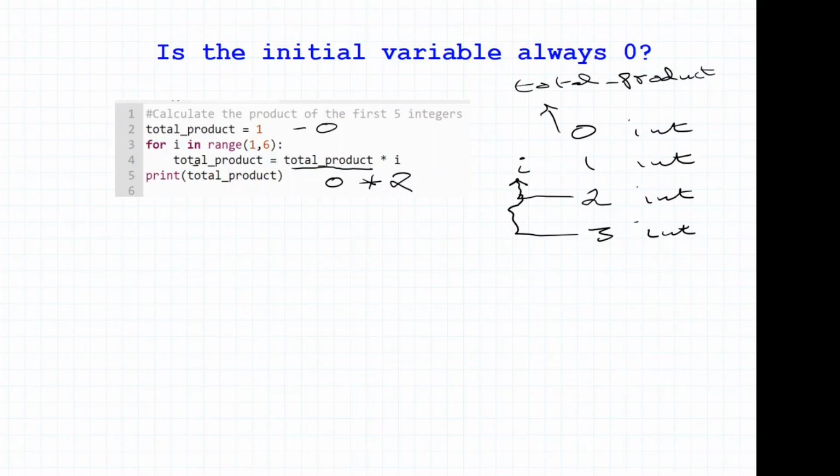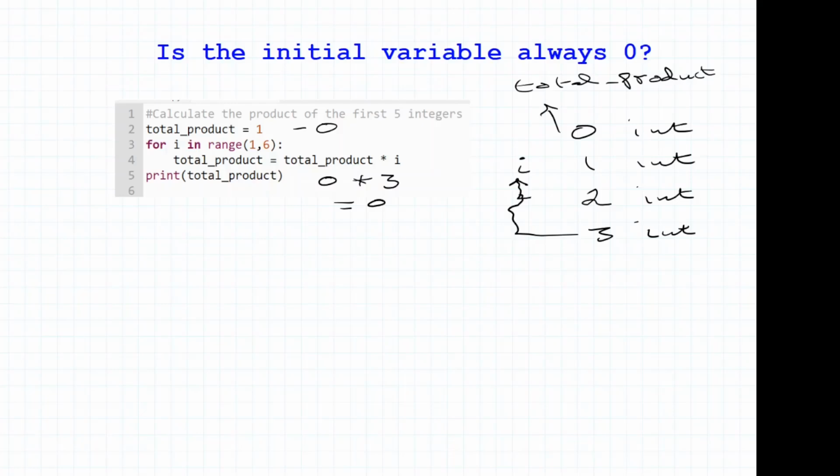And hopefully you're seeing the picture now. I is constantly incrementing, but because I'm constantly multiplying the value of I by 0, the new value of total product is always 0. And so my total product never changes.